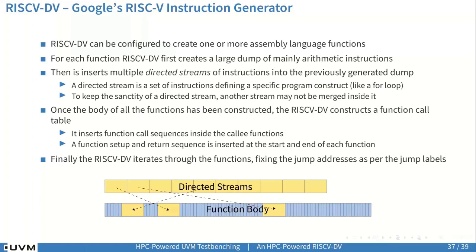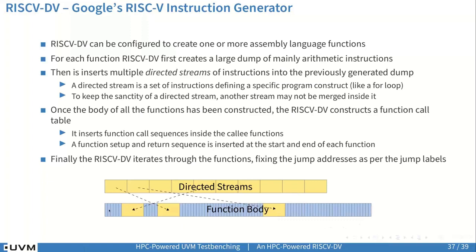So say I'm saying there are going to be 50 functions, then it will create 50 functions of randomized sizes. In the body of those functions, it's going to fill 1 million divided by 50 instructions on average, though the size of the functions will be different. So on average, it's going to insert that many instructions per function.